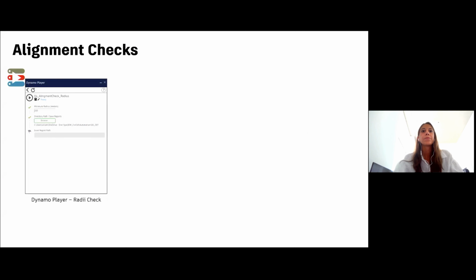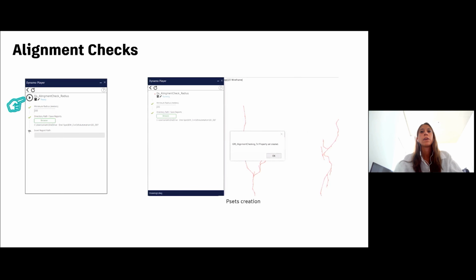Please go on. So starting with the first script that checks the plan radii on the alignment, the inputs that we can see here are the minimum radius required and the directory path where we can save the report. When we run the script, we can see a pop-up appearing that informs the user that the property set has been created.